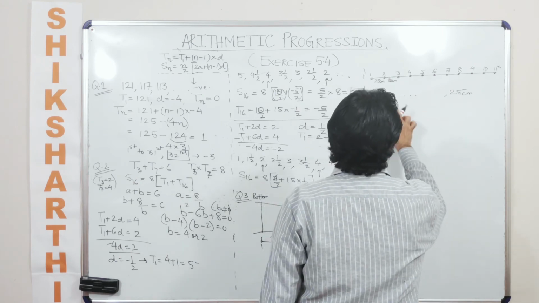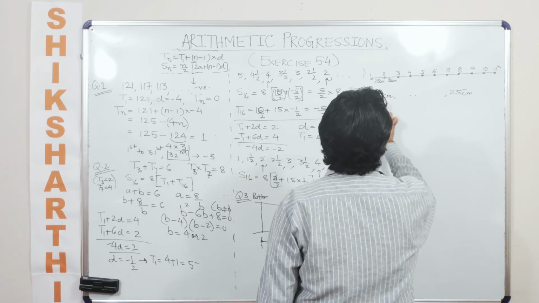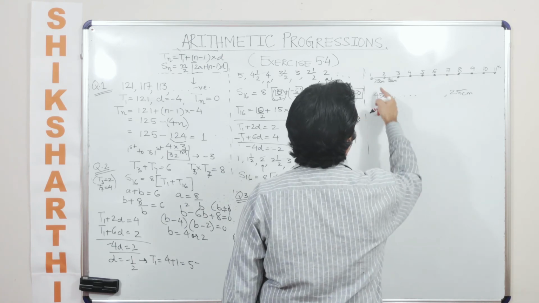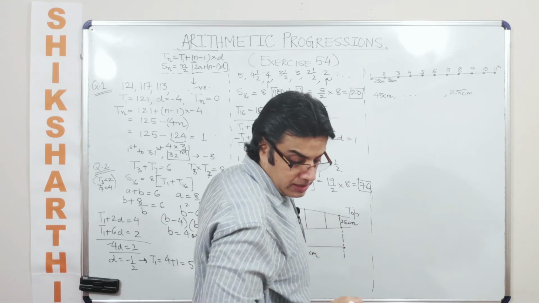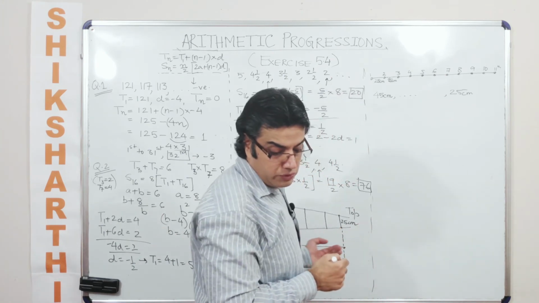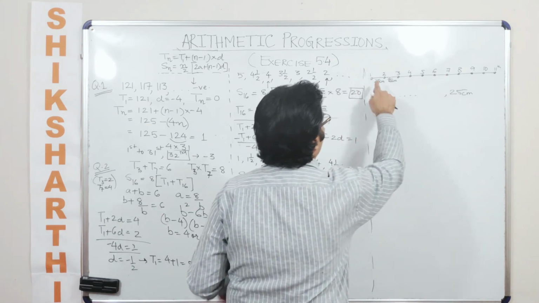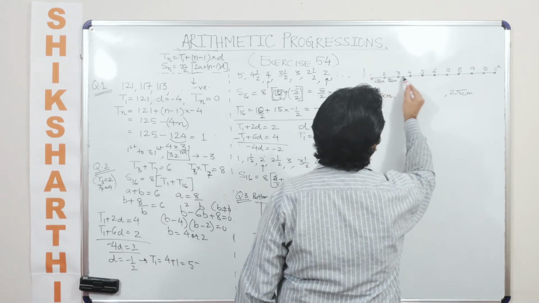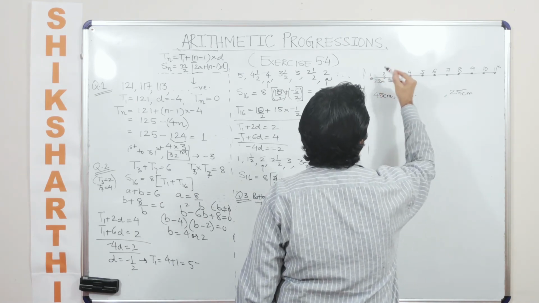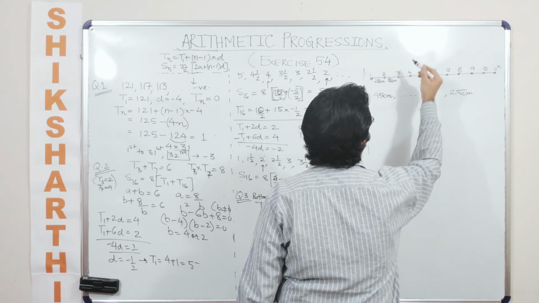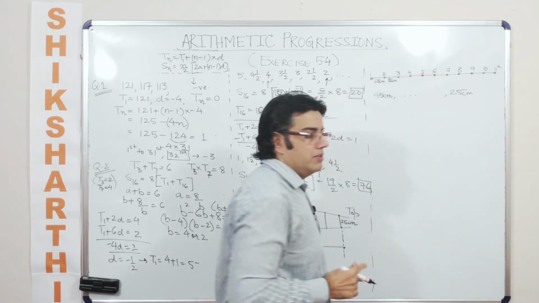So why are we even writing this formula here? In that case, what is the total wood length that I would have used here? The total wood that would be required for the rungs, it says. We are not supposed to find out the wood length which is required here. So now this is the first rung, this is the second rung, this is the third rung, this is the fourth rung, and so on. We need to find out.